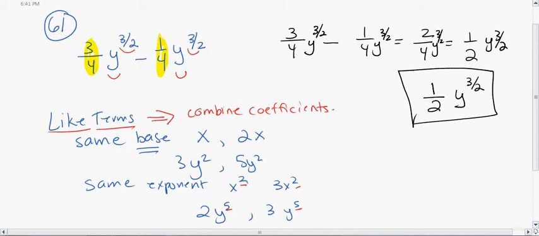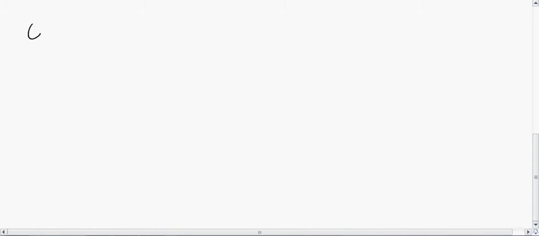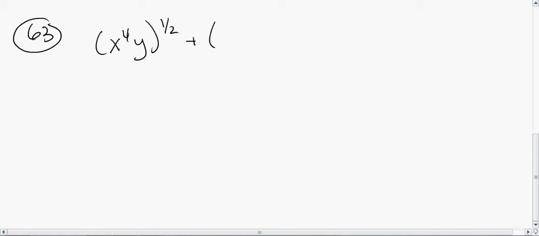Let's look at number 63. So 63 says x to the 4th y to the 1/2 plus x y to the 1/4 squared. All right, I'm going to look for like terms again, right?